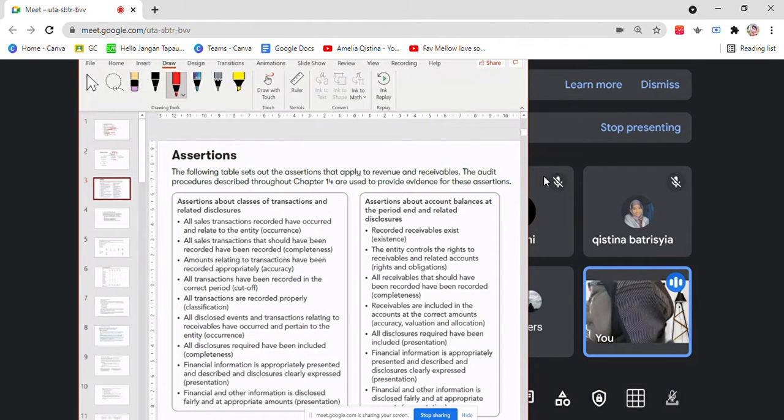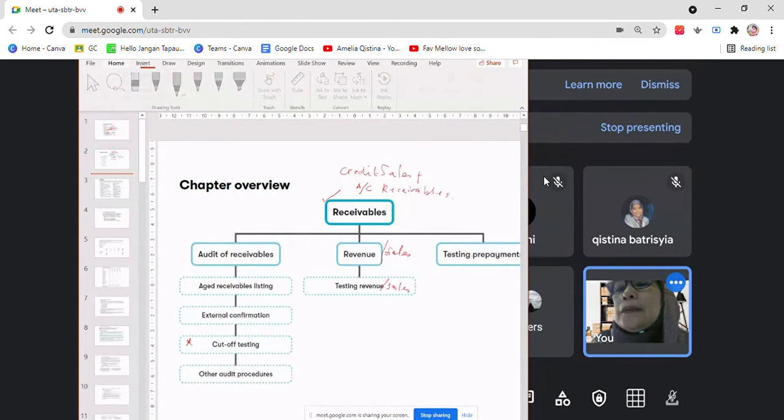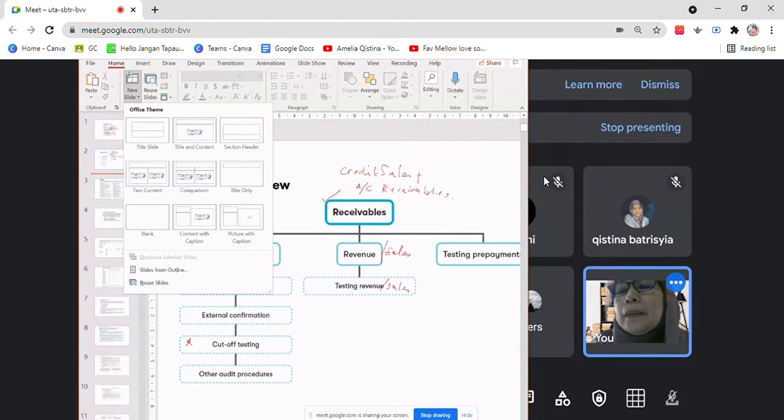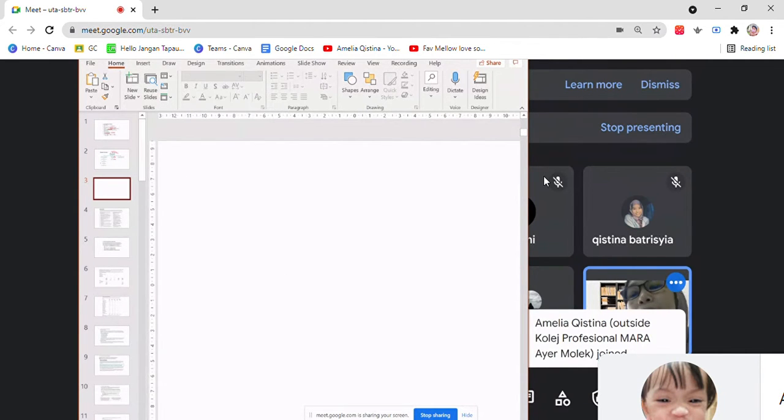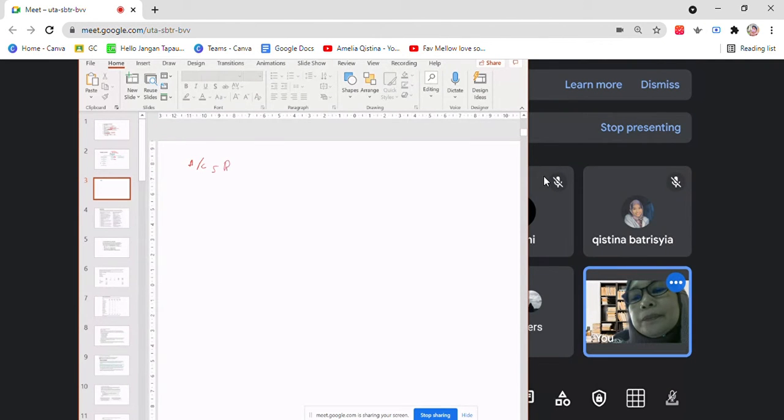So when we talk of account receivable, you have to relate with the assertion. Before we go further, while we are talking about account receivable, it relates to the credit sales.